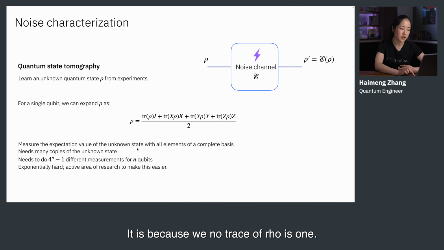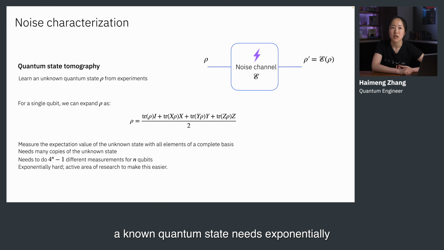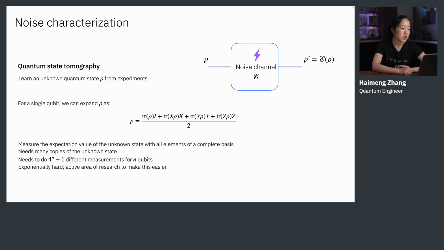Minus 1, because we know the trace of rho is 1, so we can save one measurement. So in general, characterizing an unknown quantum state needs an exponential number of experiments.